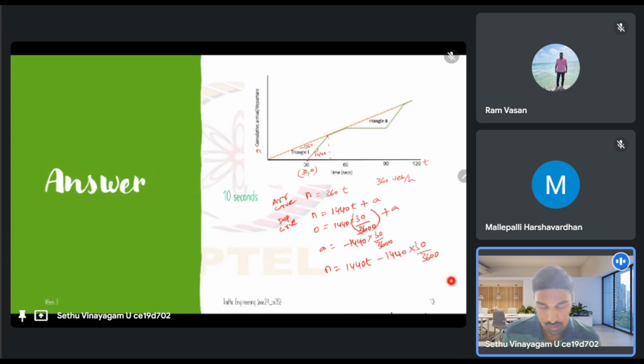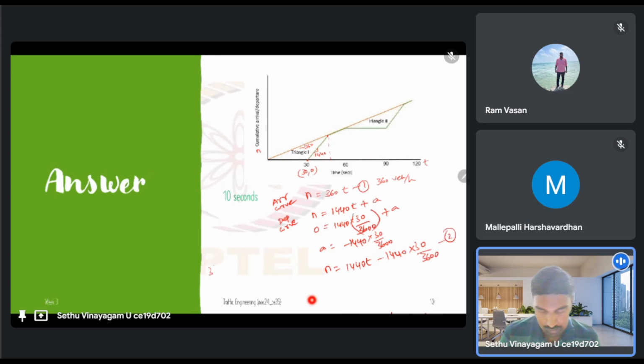Now, to find out when the queue clears, it is nothing but wherever the arrival and departure curves intersect. So we need to find the point of intersection. For that, we equate the arrival curve with the departure curve. That will tell us where they meet.